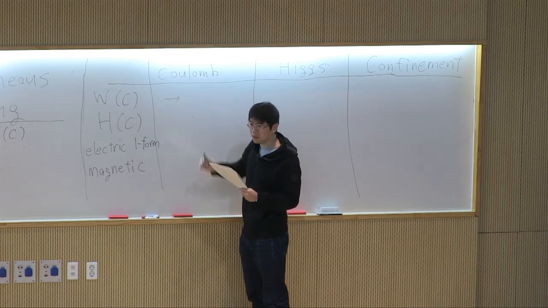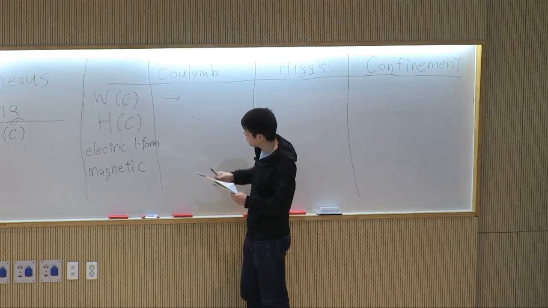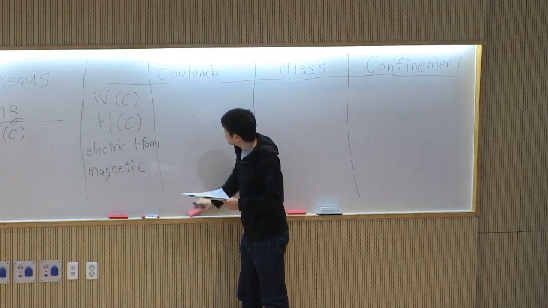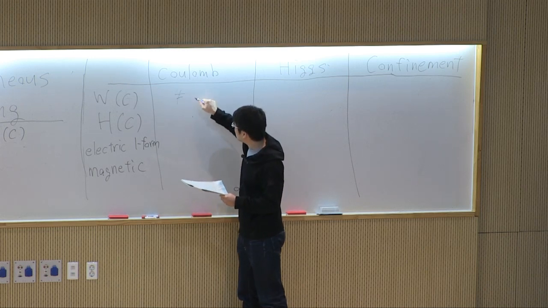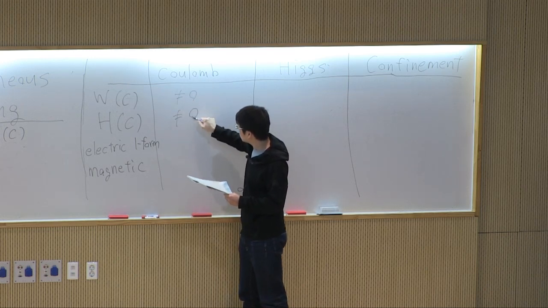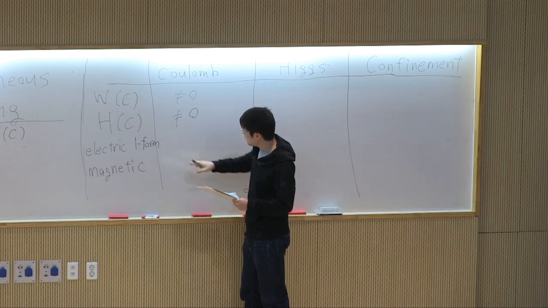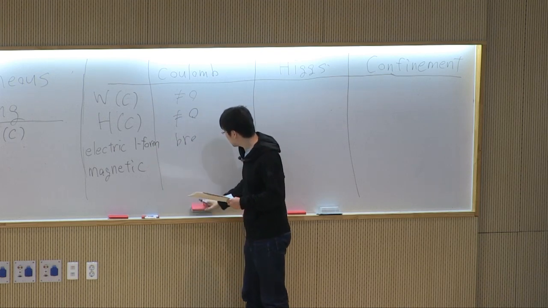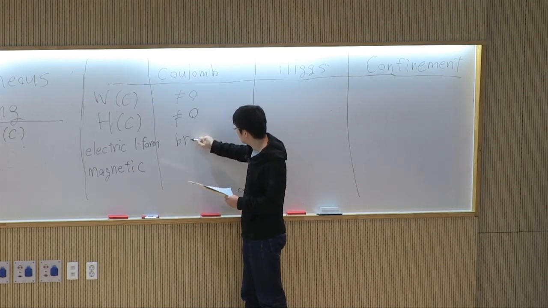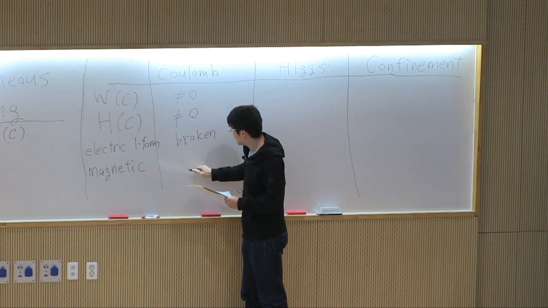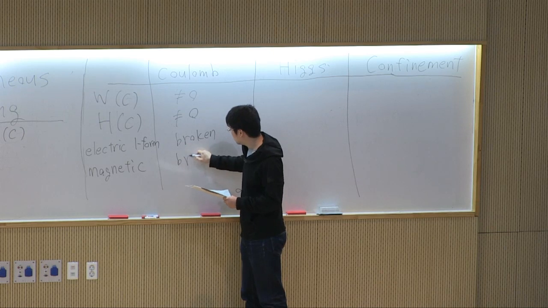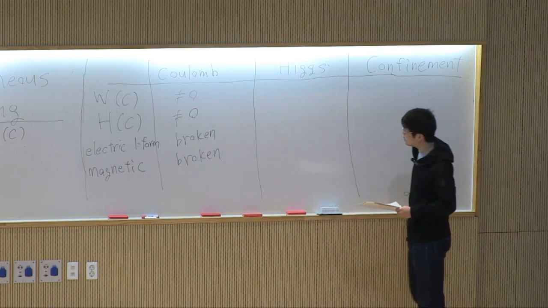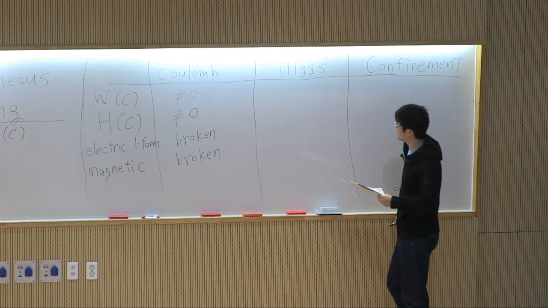Up to some renormalization factor of these loop operators, in the Coulomb phase, these operators are both non-zero. So that means that the electric one-form symmetry is broken, and the magnetic symmetry is also broken. So this is the situation of the Coulomb phase.